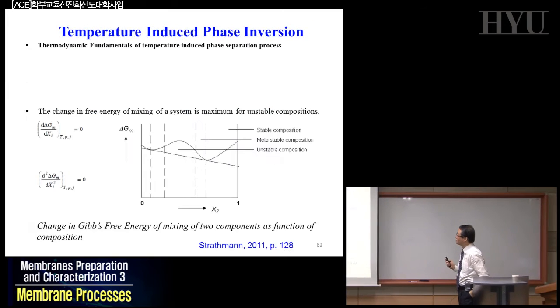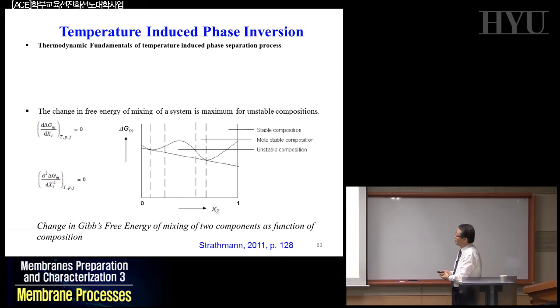Now we can take a look at the delta GM with x2 again, and describe some of the points, because this delta GM can be related to the chemical potential, of course. If you divide this by the x, here x might be x2, then that's called the chemical potential.